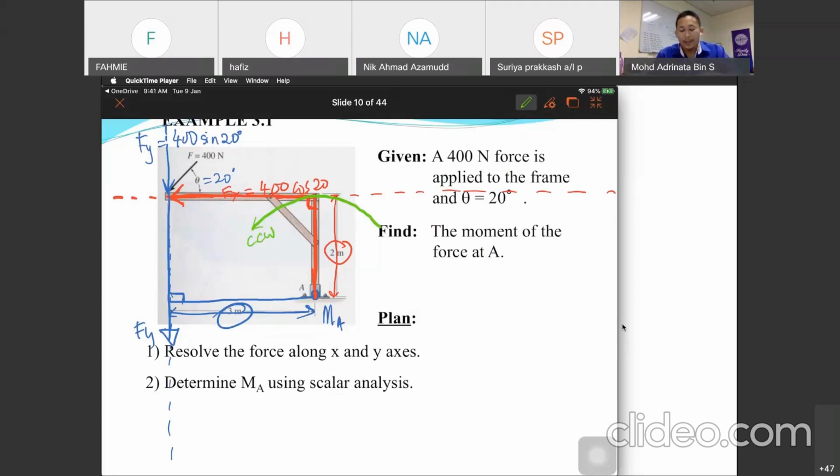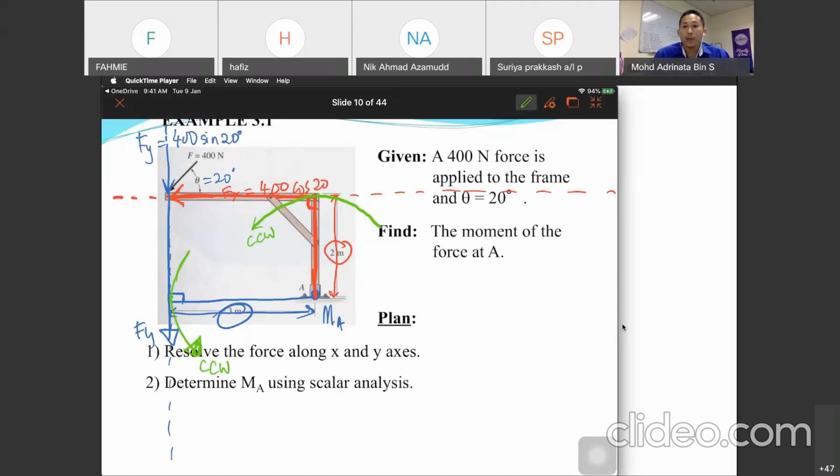And again for Fy, fix that A, Fy is moving counterclockwise. Okay? This one you need to understand and really know.